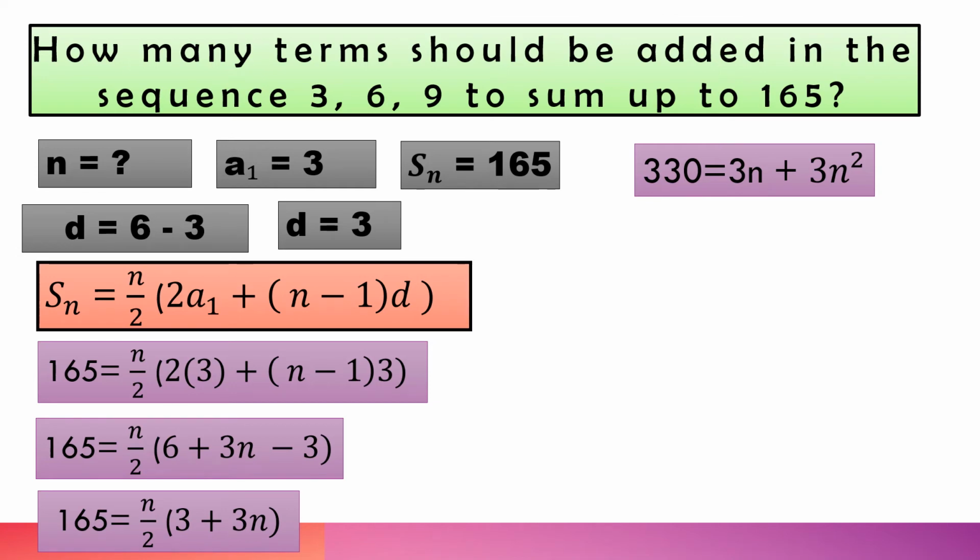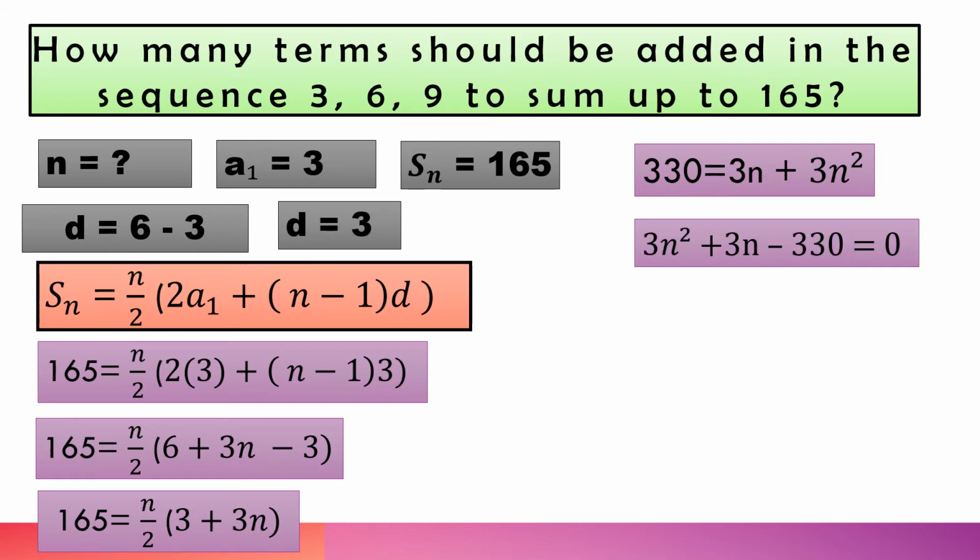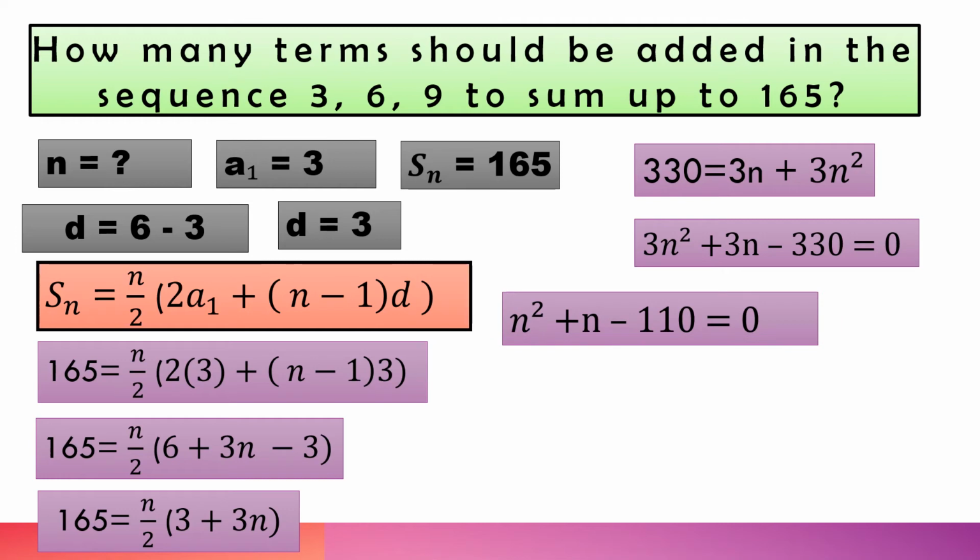Multiplying both sides by 2, we will then have 330 is equal to 3n plus 3n squared. 3n squared plus 3n minus 330. Dividing all terms by 3, which is their common factor, that will be equal to n squared plus n minus 110 is equal to 0.